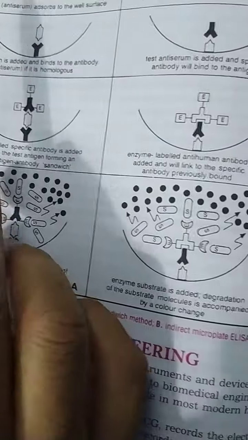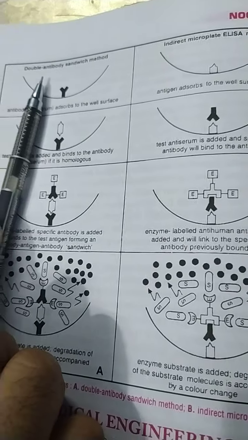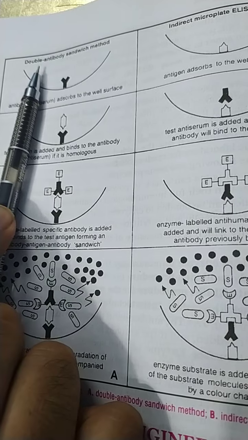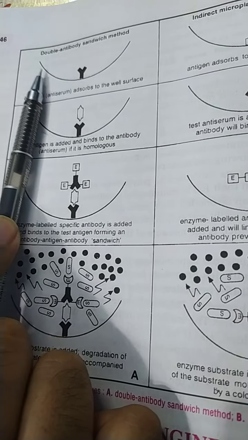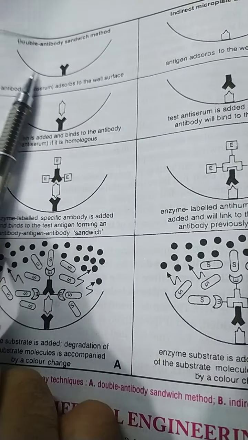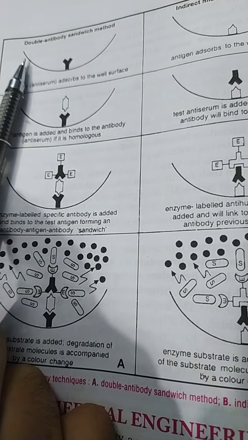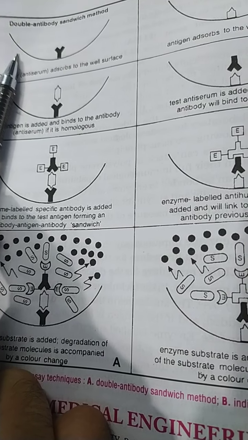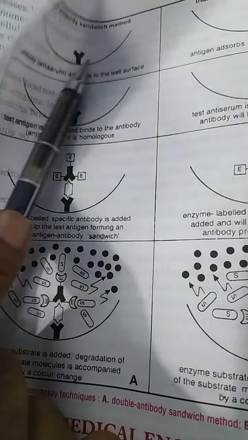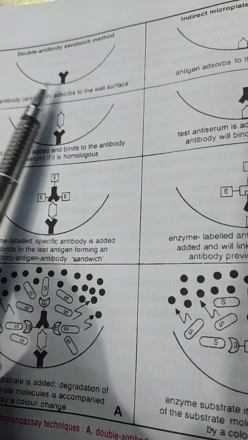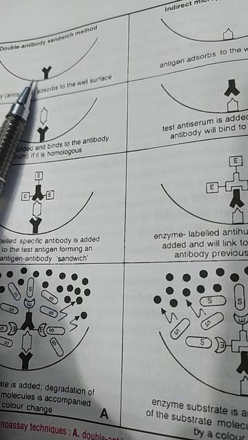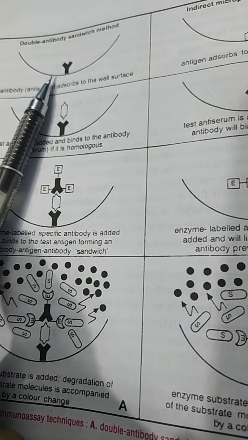Keep looking at this diagram, children, as we explain these one by one. Now pay attention here. The first method of ELISA technology: this is the rough diagram of the microplate that I was talking about, the polystyrene plate. This step involves the coating of polystyrene wells.